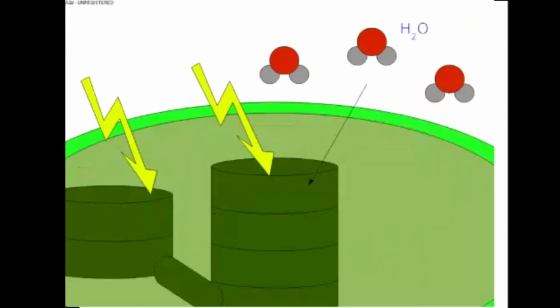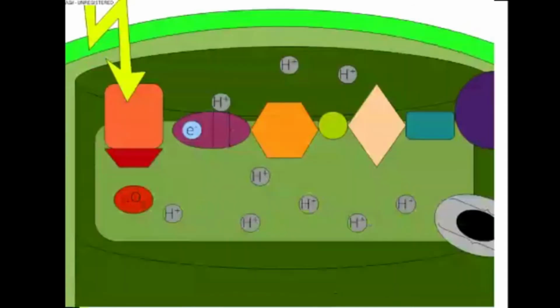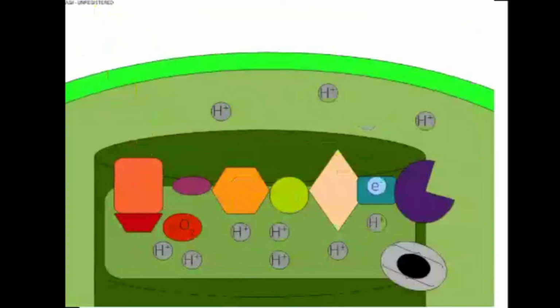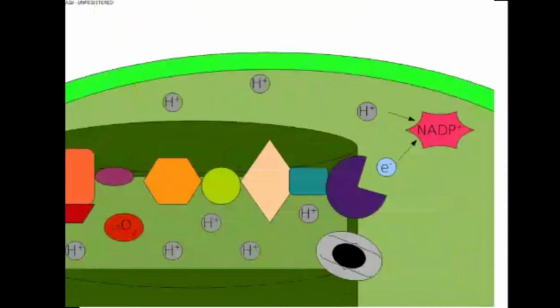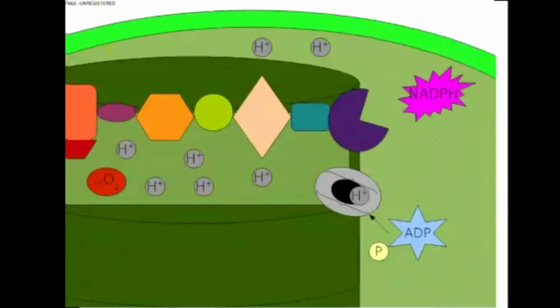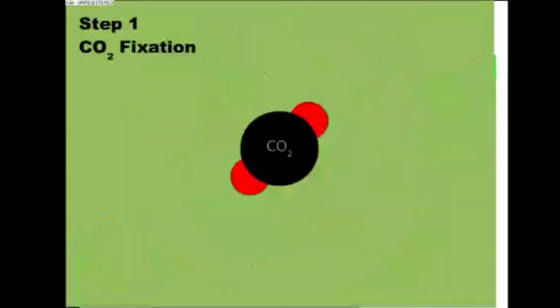The second step of this light reaction is formation of assimilatory power. What is formation of assimilatory power? The electrons produced during photolysis of water are taken up by the chlorophyll molecules. These electrons travel through the electron transport chain and produce energy. This energy is used to form the ATP molecule.